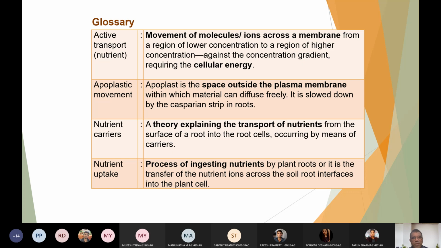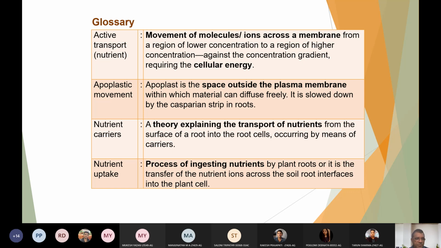When it is moving from a region of lower concentration to higher concentration, this is known as movement against the gradient, against the concentration gradient. And it requires energy. This active transport requires energy. This transport is from one cell to another cell.